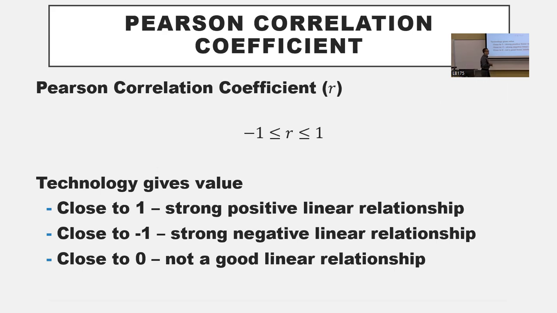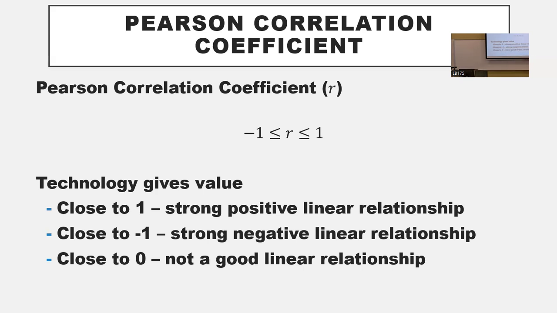Along with that least squares regression line, technology is also going to give us a correlation coefficient. When we are creating a linear regression scenario, the correlation coefficient is called a Pearson correlation coefficient. Pearson is just the last name of some mathematician. And it's labeled as R. The value for the Pearson correlation coefficient will always be between -1 and 1.